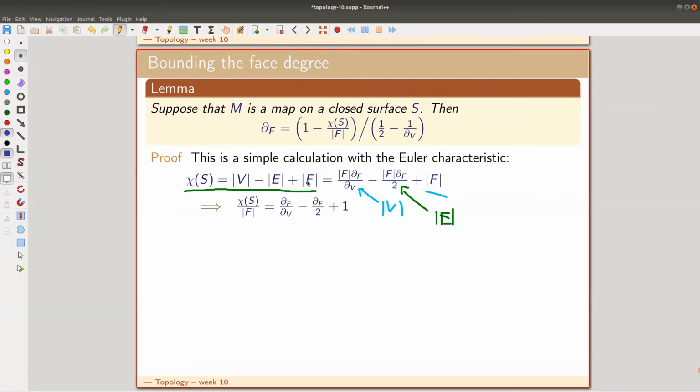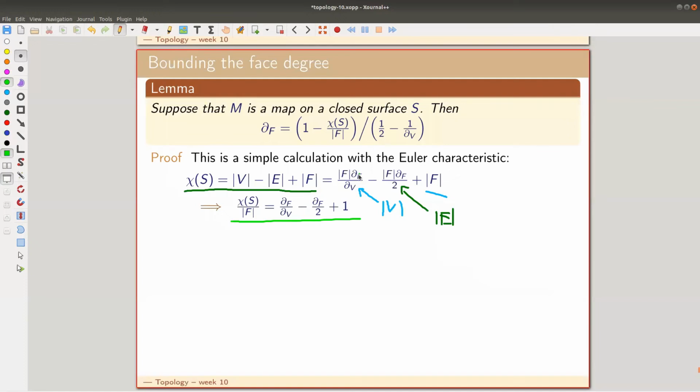And you get now an expression that Euler characteristic is some multiple of f, right? And you just arrange it differently, and algebra autopilot gives you, it's really just arranging the equation slightly differently by factoring out f and then dividing by f, and you get this equation here on the other side, right?